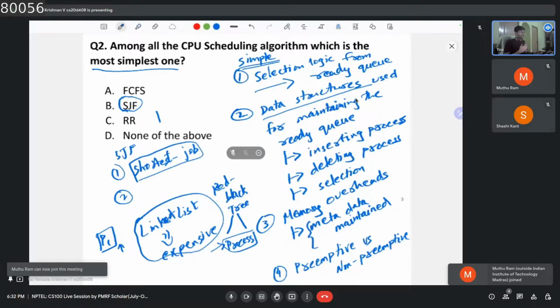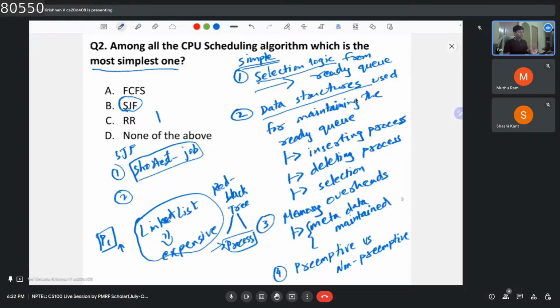what criteria, what logic we have to optimize. If I have to optimize the selection logic for a shortest job first algorithm, I can go with a red black tree, because selecting the next shortest job process from the ready queue is very simple compared to traversing the whole linked list, a very expensive operation.